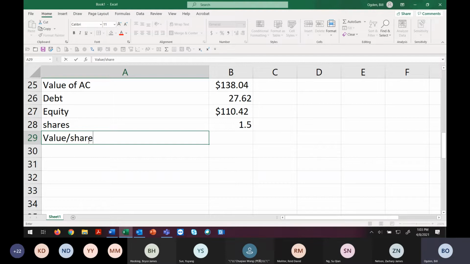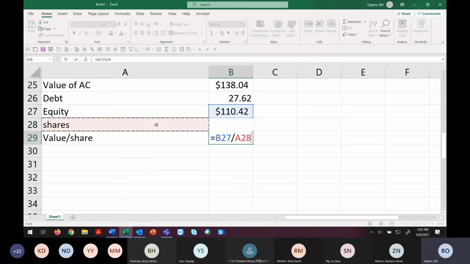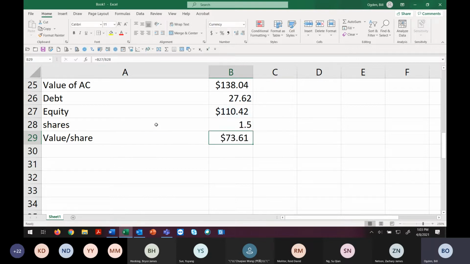I just know the value. Forgive me, the value as estimated by the free cash flow model for this company. Okay, so our value per share, we'll just take the equity in total and divide by the number of shares. So we have our first price estimate, $73.61 per share.